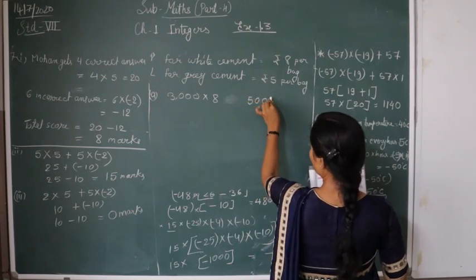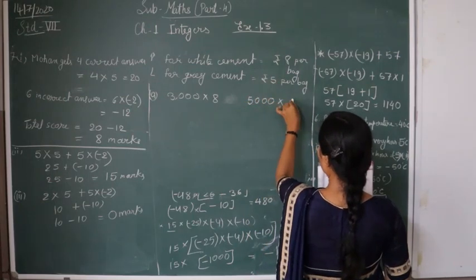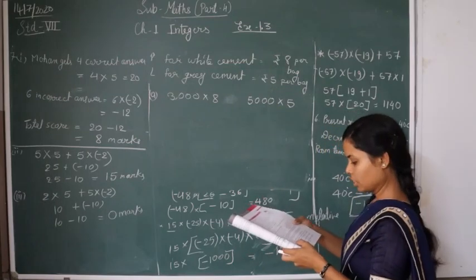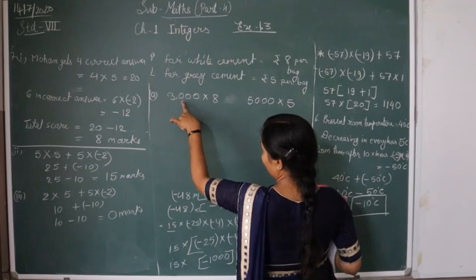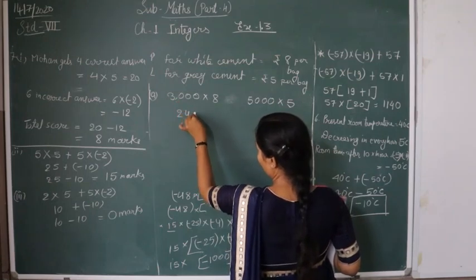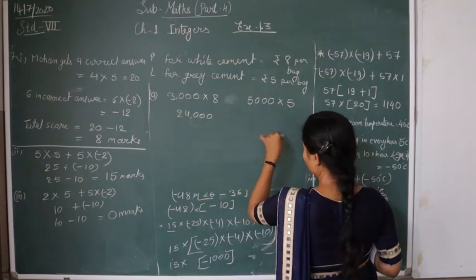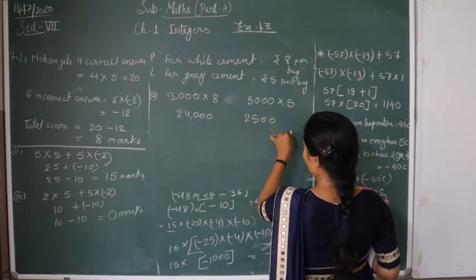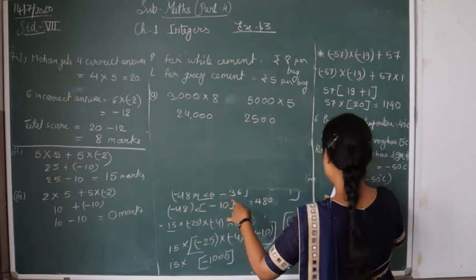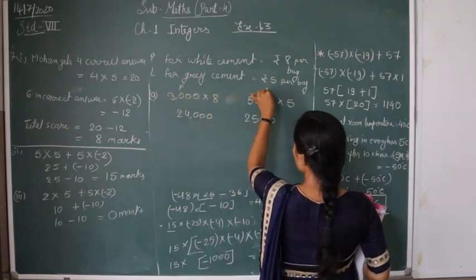For grey we take 5. Now look here. If we find this, 8 threes are 24 and 5 fives are 25. This is profit and this is loss.